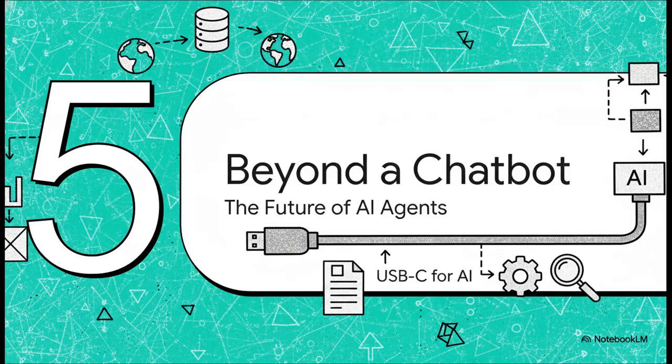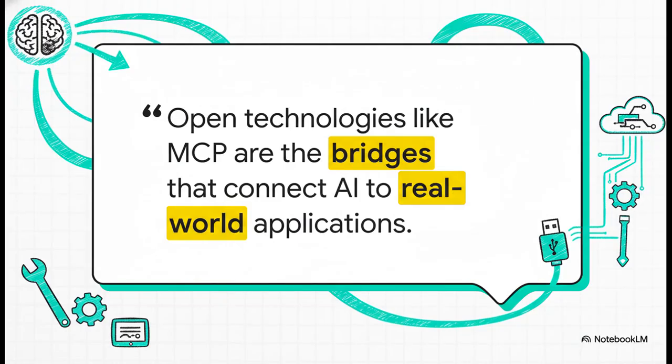When you really think about it, this is about building a future where our AI assistants aren't just stuck in a chat window. They're seamlessly woven into our digital lives, ready to jump in and help with any task we throw at them. And as the CTO of Block, Dhanji Prasanna, puts it so well, this is a foundational shift. It's about building the bridges that finally connect AI to real-world applications in a way that's open and collaborative for everyone.